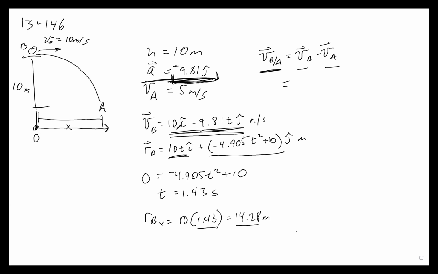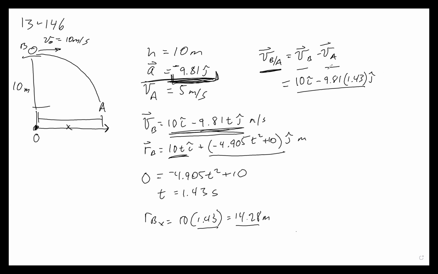However, we care about when the ball is caught. So we know that we have 10 i hat all the time. And then we also know that we are going to have negative 9.81 t, and the ball is caught at time 1.43 seconds. And this is a j hat term. So that's just B, the velocity of B.